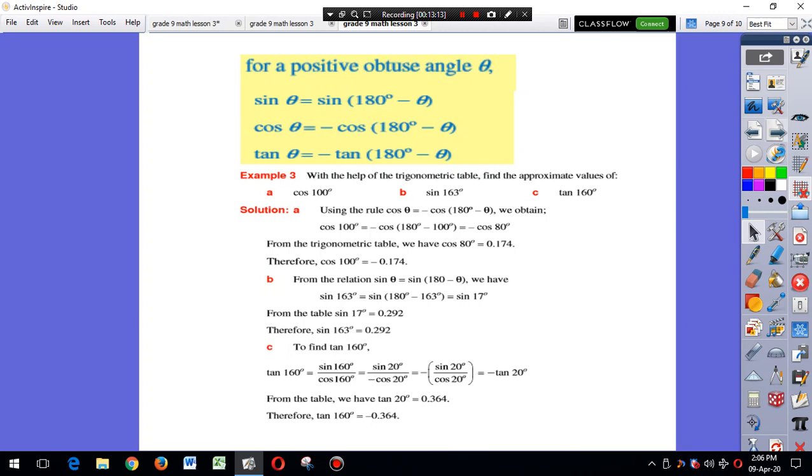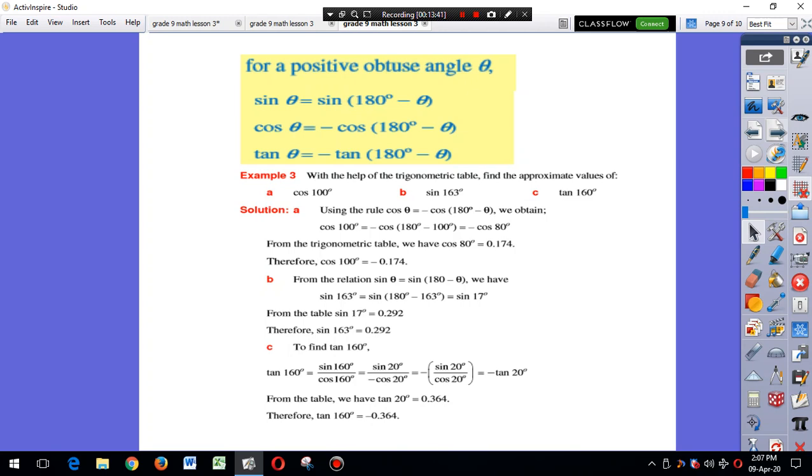From the trigonometric table, we have cos 80 degrees equal to 0.174. Therefore, cos 100 degrees is equal to negative 0.174.